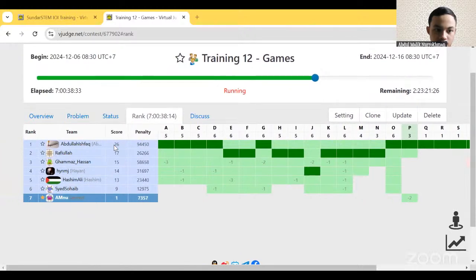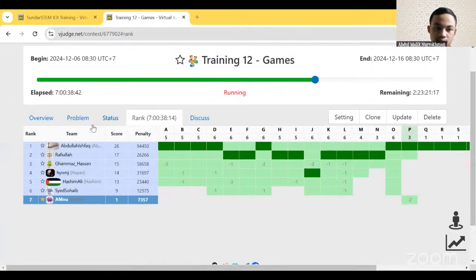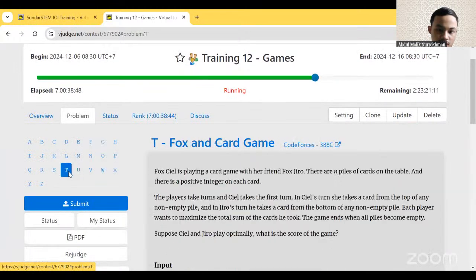I prefer to discuss from the last problem, from problem Z, then problem Y, problem X, and so on. I hope we can finish all of them until problem D.